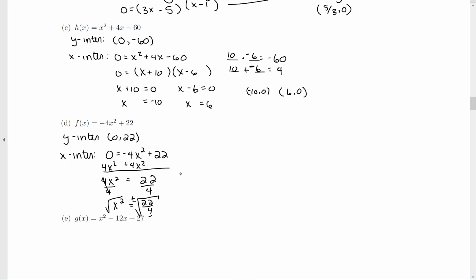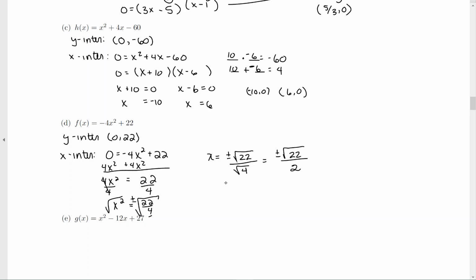All right. So let's check this out. This is x equals plus or minus. Now I can break up the radical with division or multiplication. So this is the square root of 22 over the square root of 4. Plus or minus the square root of 22, I don't know, but the square root of 4 is 2.